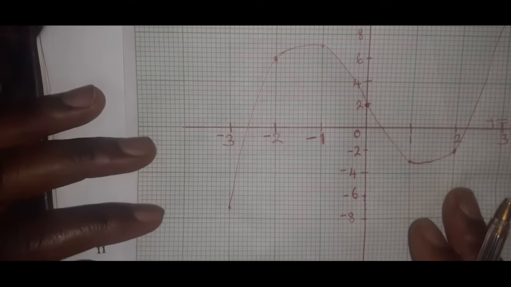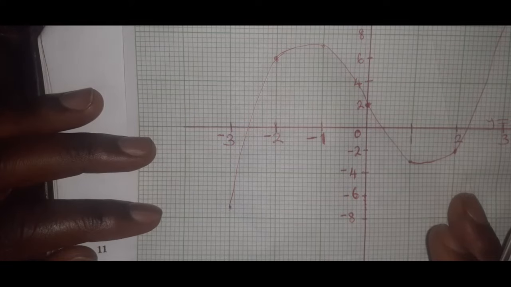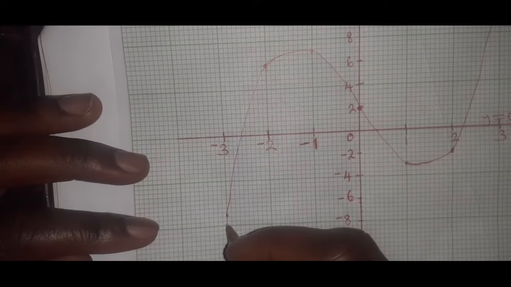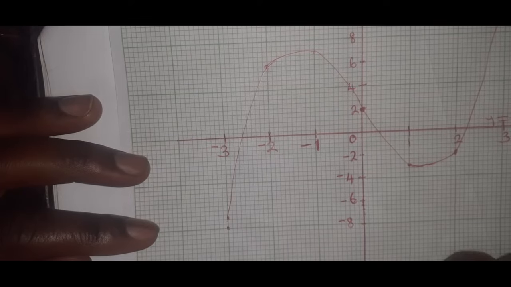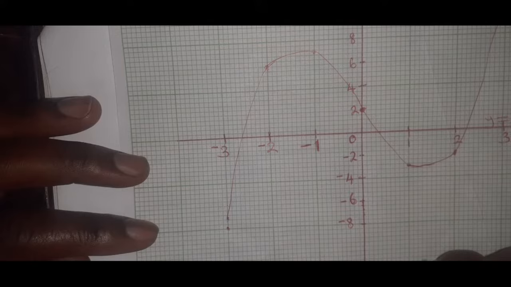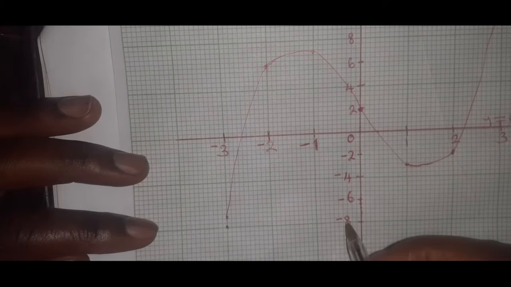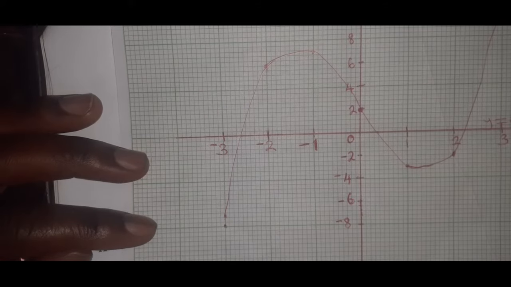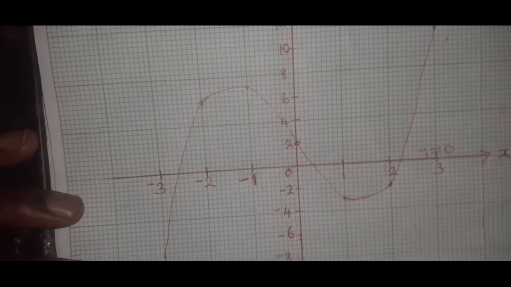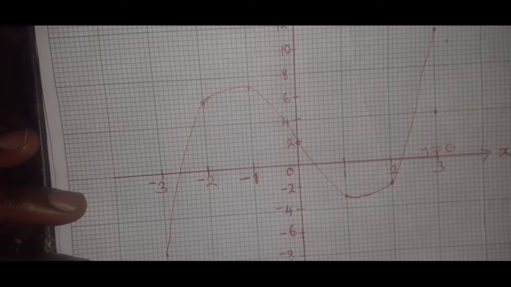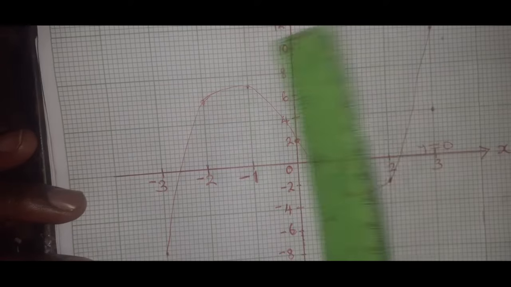Negative 3, negative 8 is this point here. Then the other one is 3, 4, which is this point here. So we join these two points with a straight line.